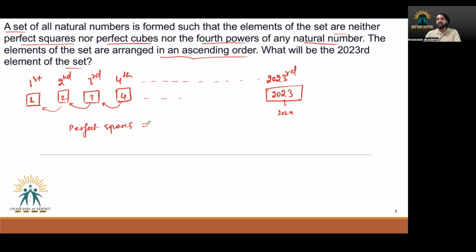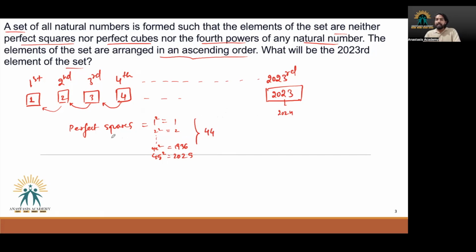Perfect squares: 1 squared is 1, 2 squared is 4, and up till 45 squared, which is 2025, and 44 squared is 1936. So we have to remove these 44 perfect squares of natural numbers. These are 44 in count.